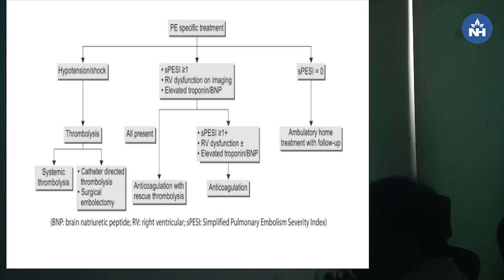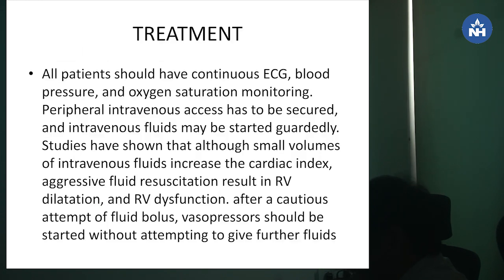If the simplified pulmonary embolism severity index is more than 1, right ventricular dysfunction on imaging, and elevated troponin and BNP, if we find all present, then we have to do anticoagulation along with rescue thrombolysis. If any one is positive, then we go for only anticoagulation. If the simplified pulmonary embolism severity index is 0, then we can treat at home and follow up accordingly.